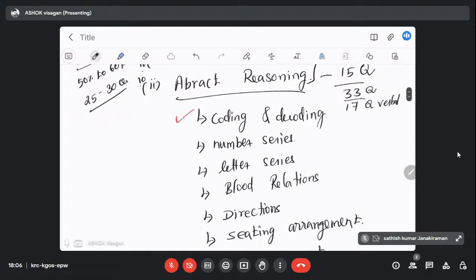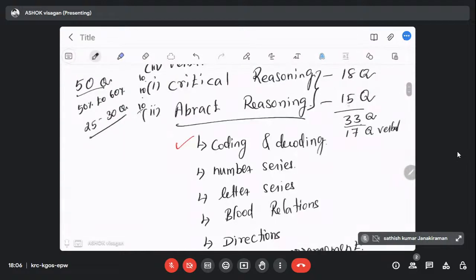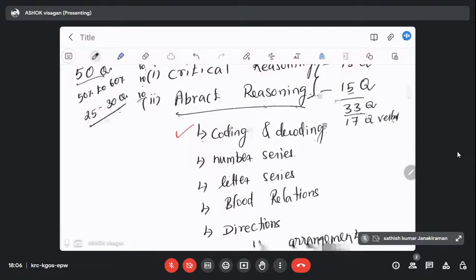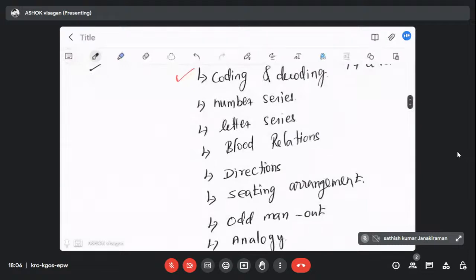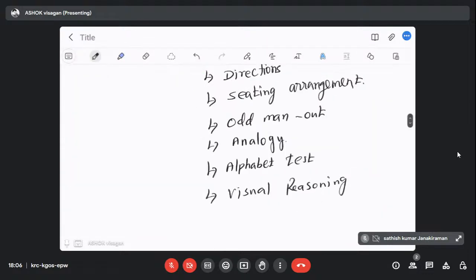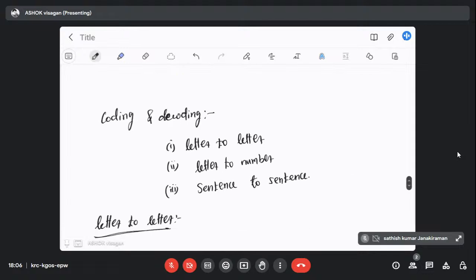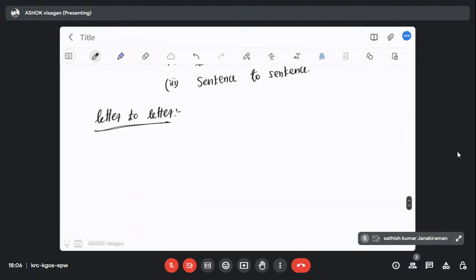In abstract reasoning, if you are going to attend 10 questions, it means you can skip 5 questions. That is the entire meaning of it. Whenever you need to skip a question, whenever you want to solve a question, I will tell you how to choose those questions. So under coding and decoding, letter to letter, first try to understand the basic things.